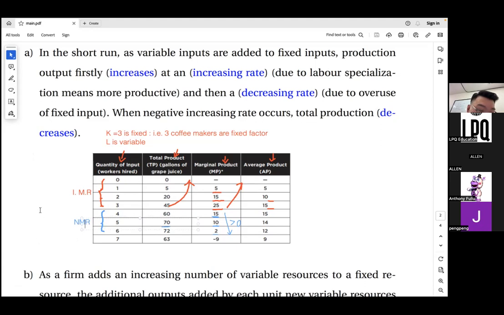The third stage is called NMR. D just means decreasing, a decreasing marginal return, because now the marginal production begins to decrease.